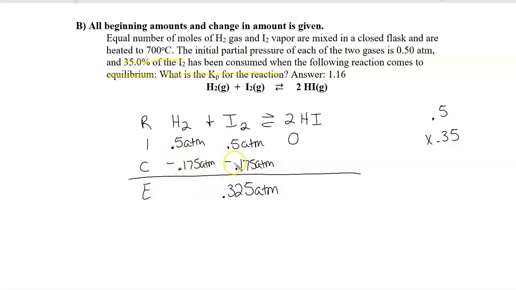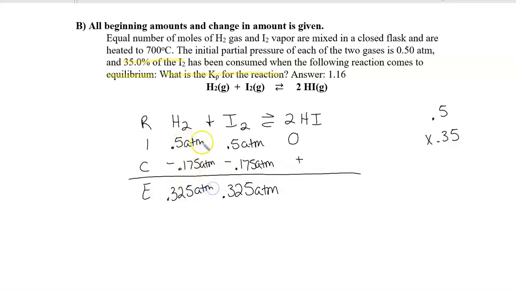You can't be losing one reactant and gaining another. If I'm losing reactants, I'm making product on this side, so this is what we call a forward reaction. A forward reaction means it's making product. A reverse reaction is making reactants. So 0.5 minus 0.175 gives 0.325.